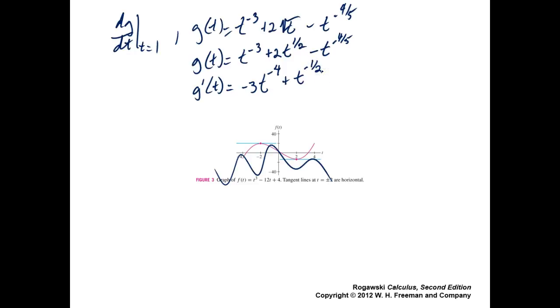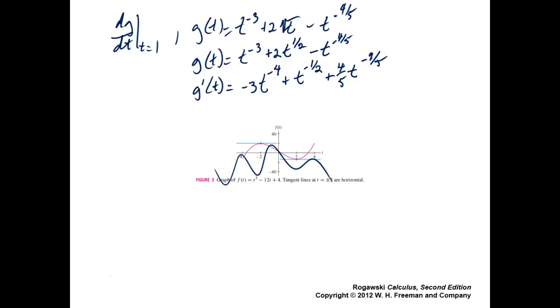Excellent. Next. Plus 4 over 5 t to the negative 9/5. Fantastic.